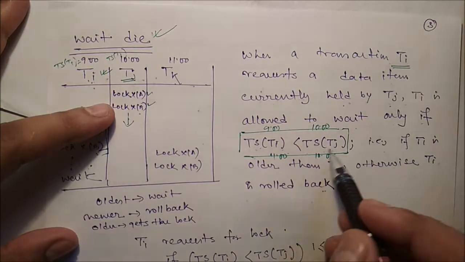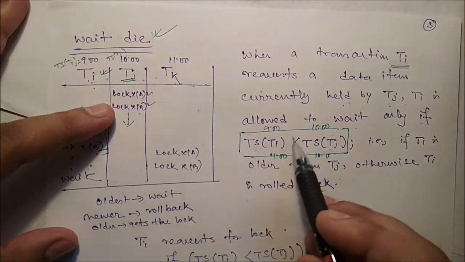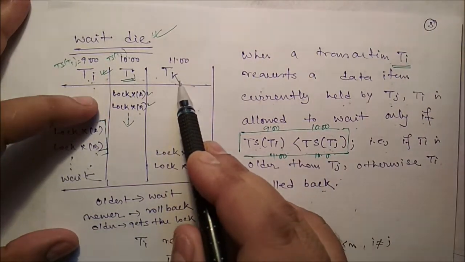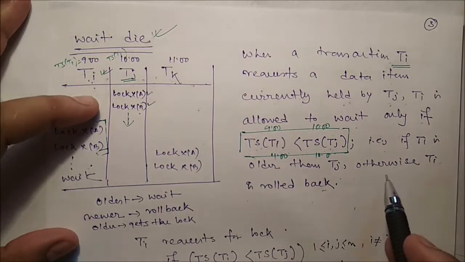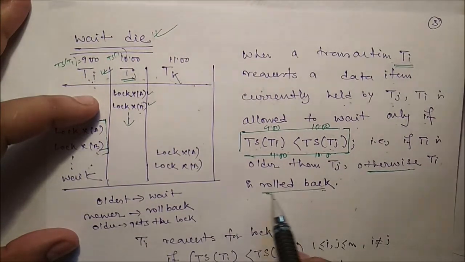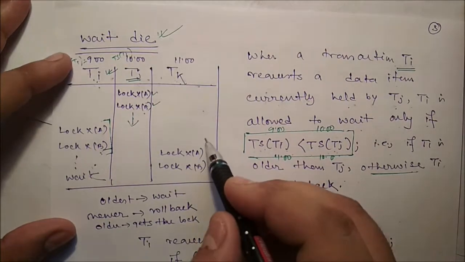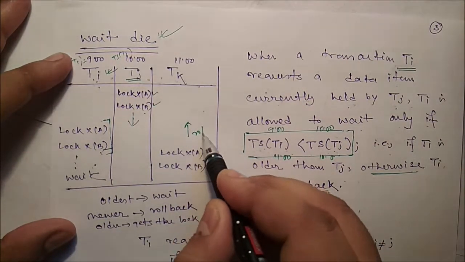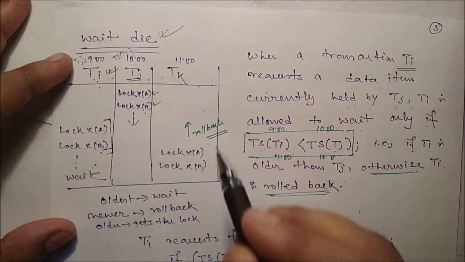Now the condition is not true, which means this is the newer transaction. If it is a newer transaction, then it is rolled back. We have to roll back this particular transaction.